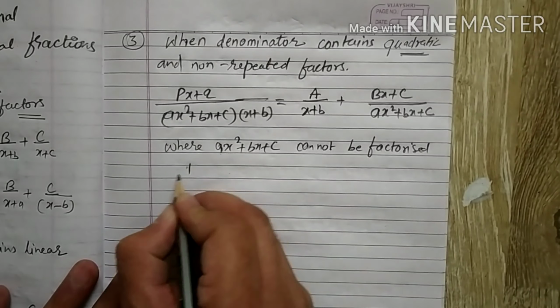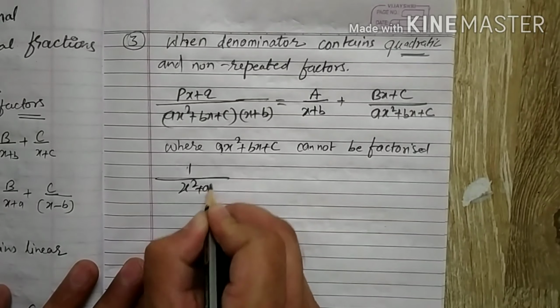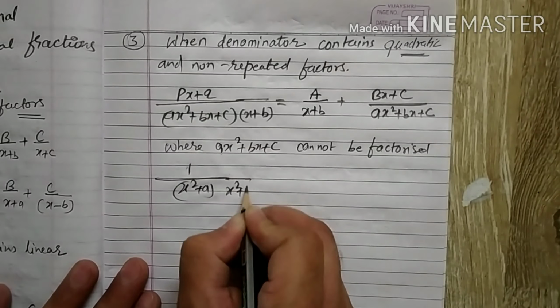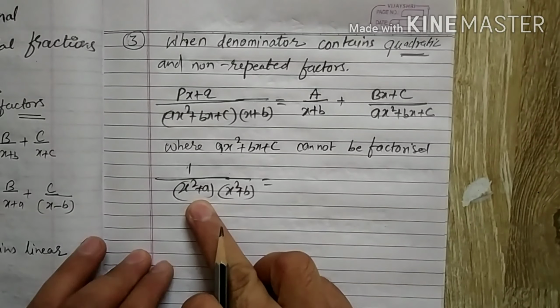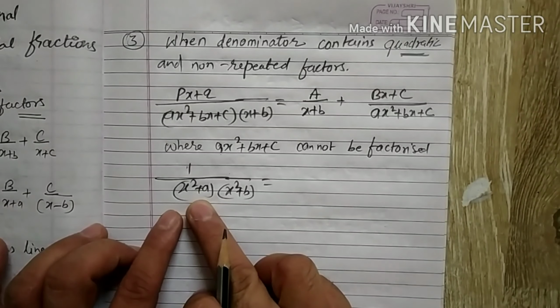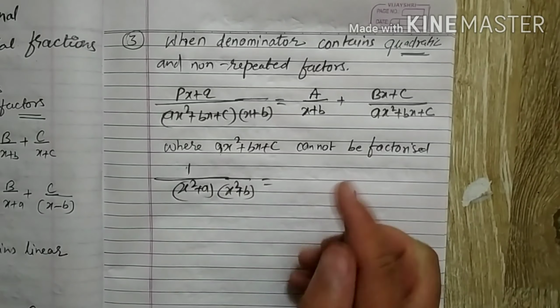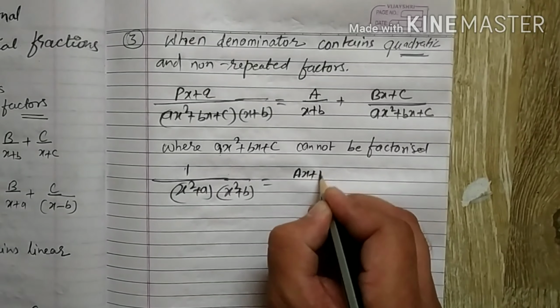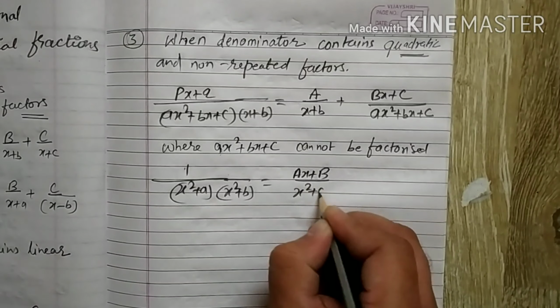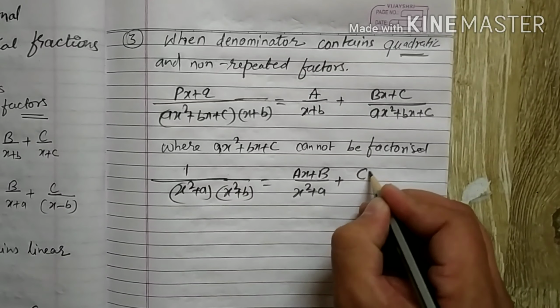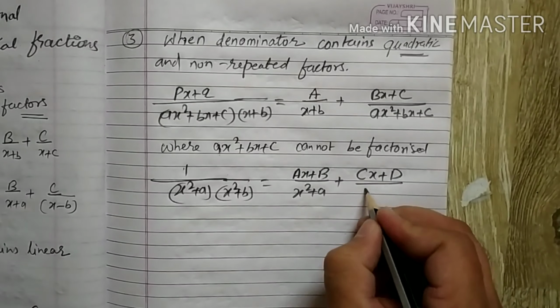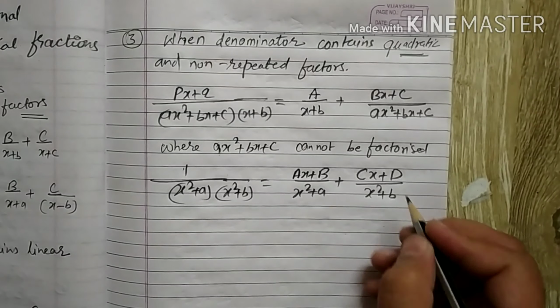Suppose it is written x square plus a, x square plus b. This is also not factorizable, that means we cannot factorize it. So we'll write ax plus b upon x square plus a, and cx plus d upon x square plus b.